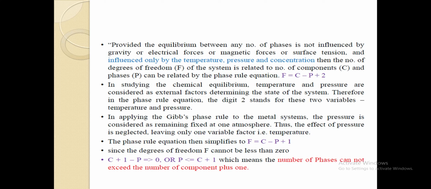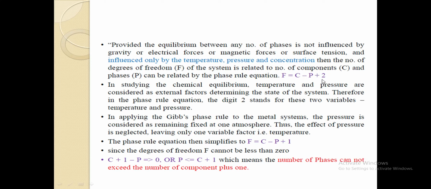Provided the equilibrium between any number of phases is not influenced by gravity or electrical forces or magnetic forces or surface tension, and influenced only by the temperature, pressure, and concentration, then the number of degrees of freedom of the system is related to the number of components C and phases P by the phase rule equation F equal to C minus P plus 2.